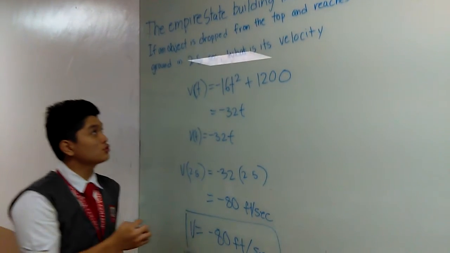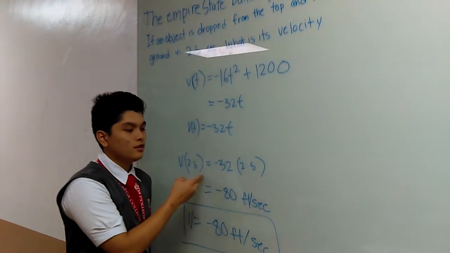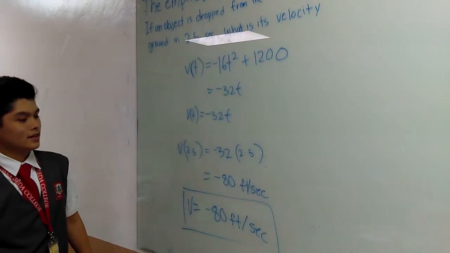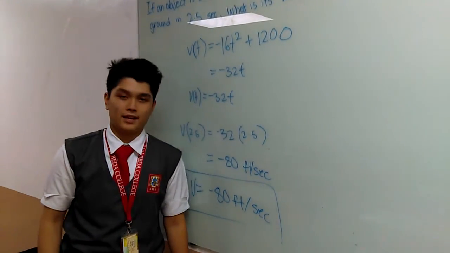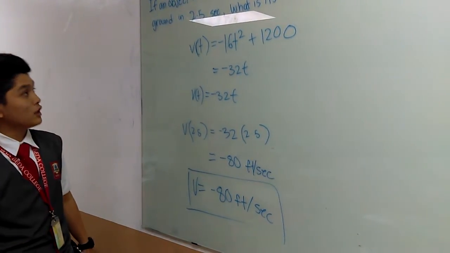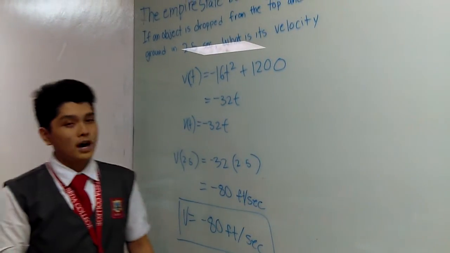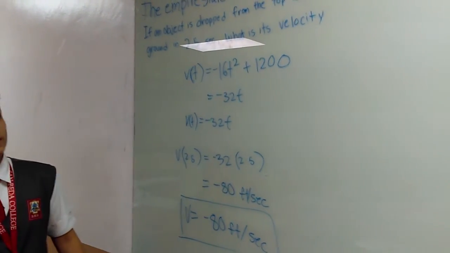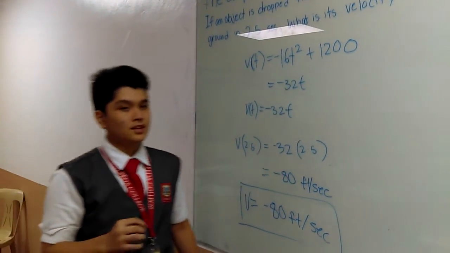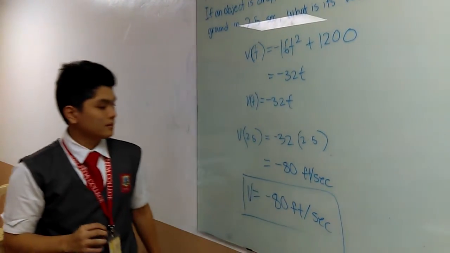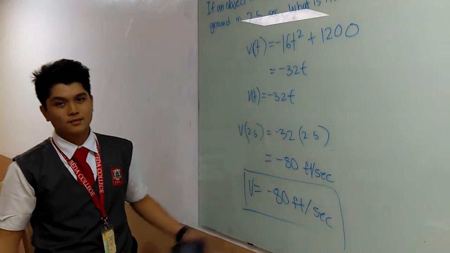So if we substitute 2.5 seconds in the formula, we will get negative 80 feet per second. And that is now the velocity of the object dropped from the top when it reaches the ground in only 2.5 seconds. Ta-da!